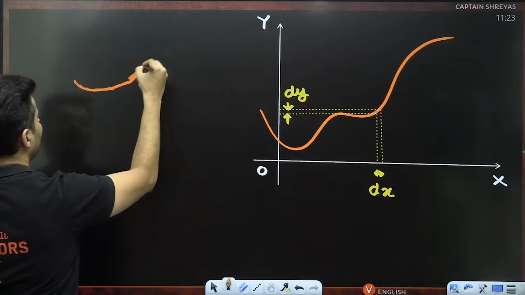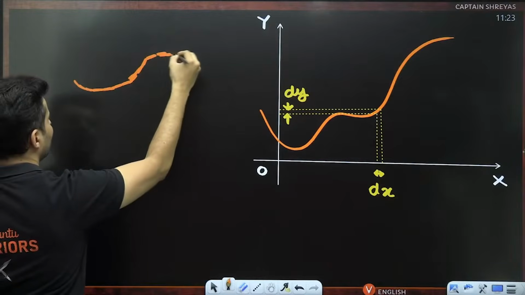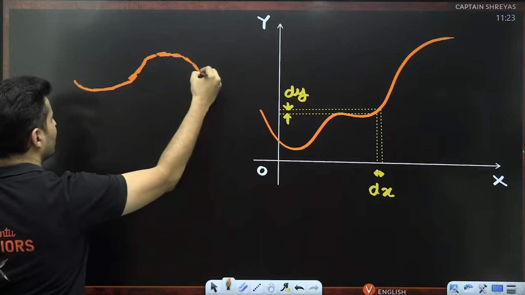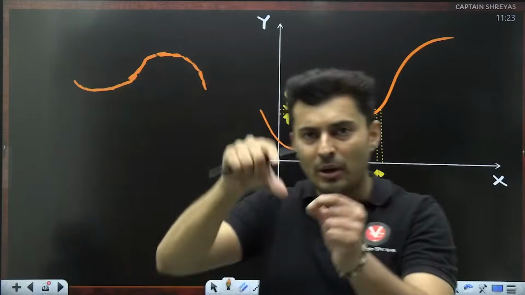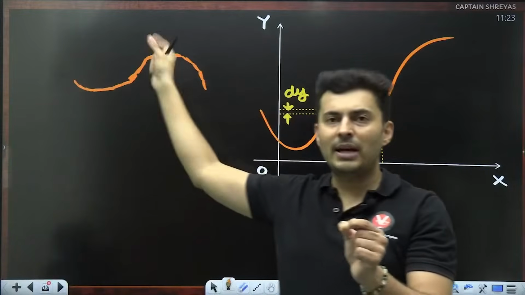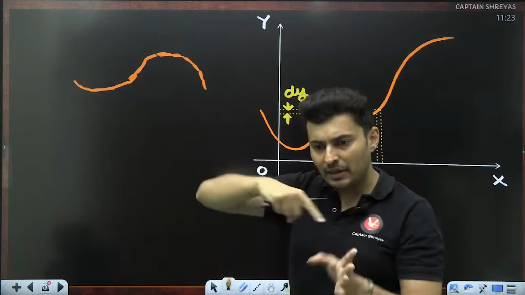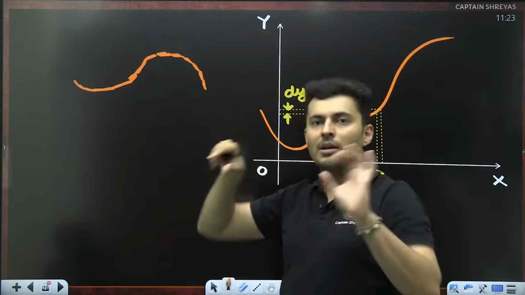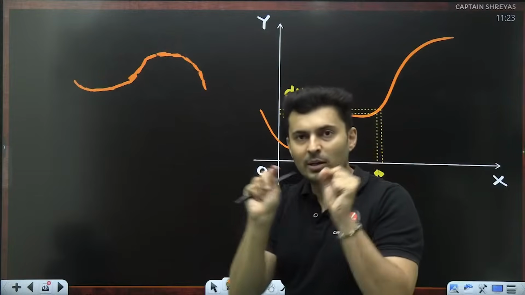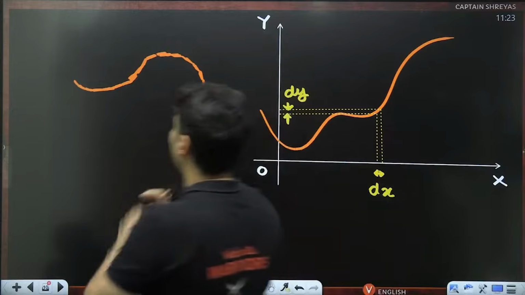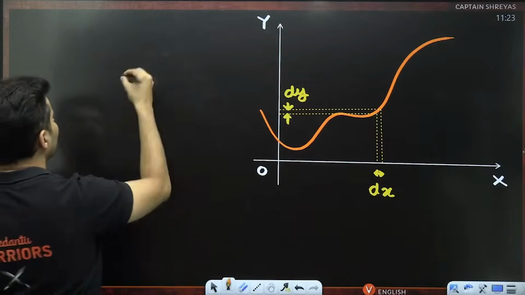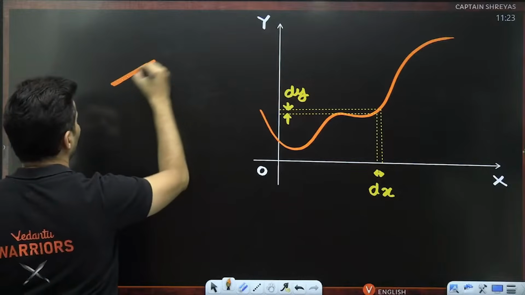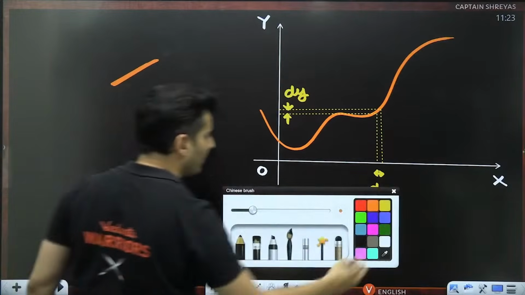You might have played with railway tracks, pins, sticks, or matchsticks. You arrange those matchsticks in a curvy manner. From a distance it looks like a curve, but in reality it's made up of small straight lines. So if you zoom onto it over here, my dear students, you will see a nice little straight line over here, and over here.